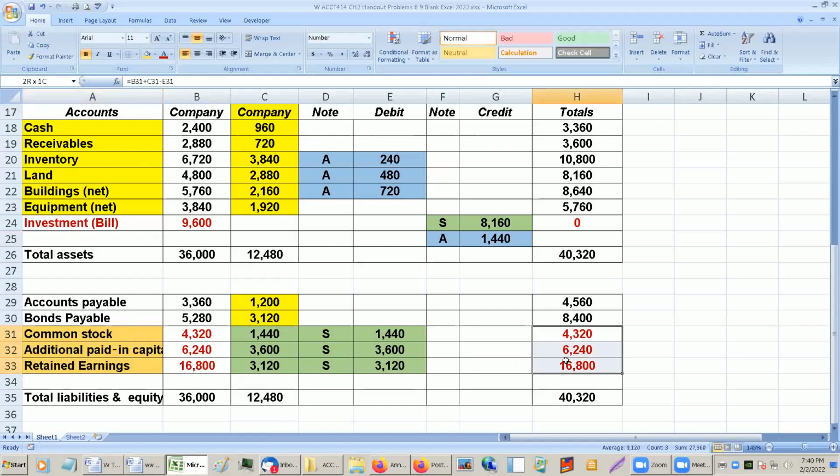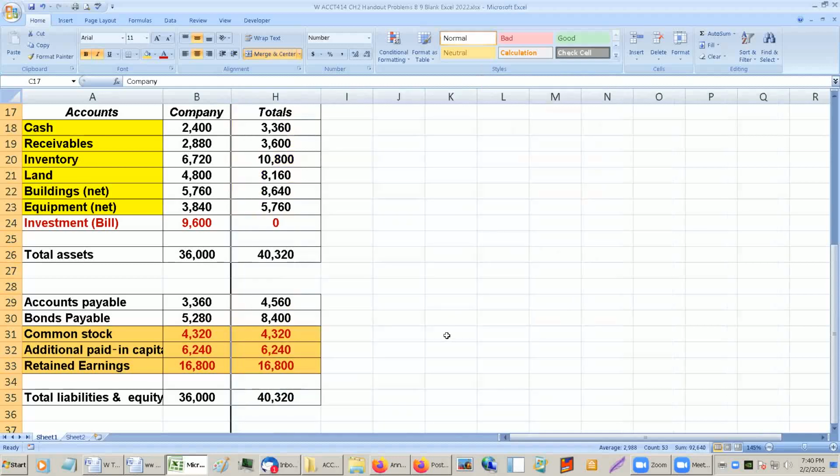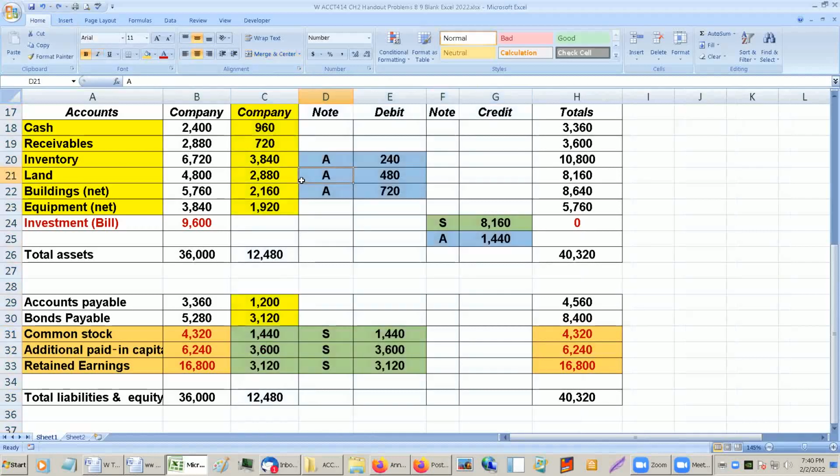This is all the same. So it doesn't change anything other than their totals for the different types of assets and liabilities.